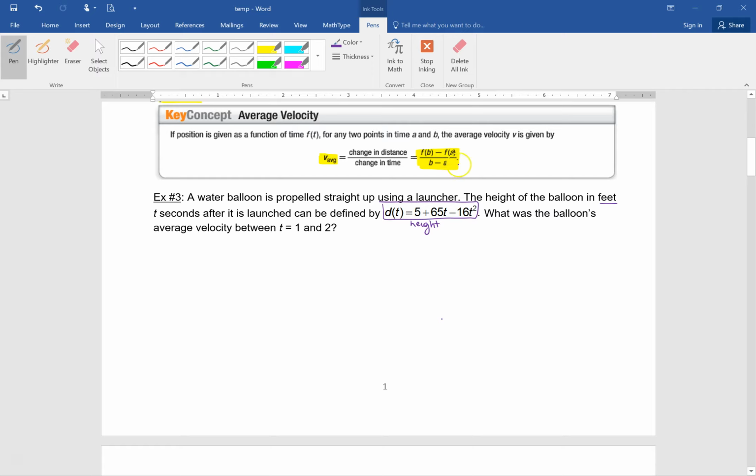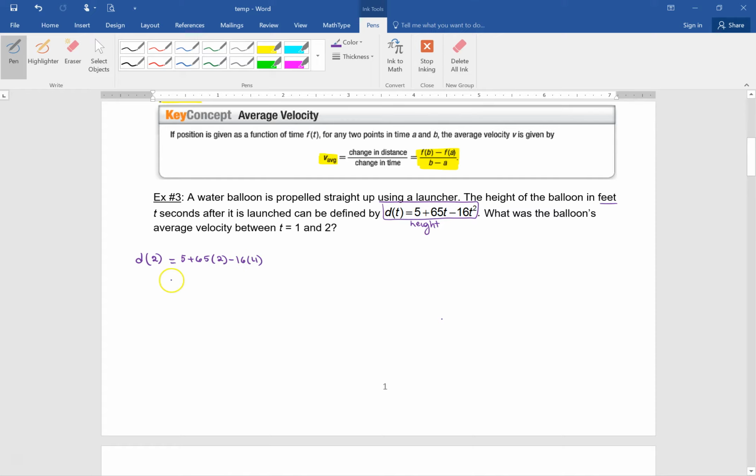Average velocity is total distance divided by total time. So what we want is the distance at 2, right? And for that, we plug in 2. So 5 plus 65 times 2 minus 16 times 4.